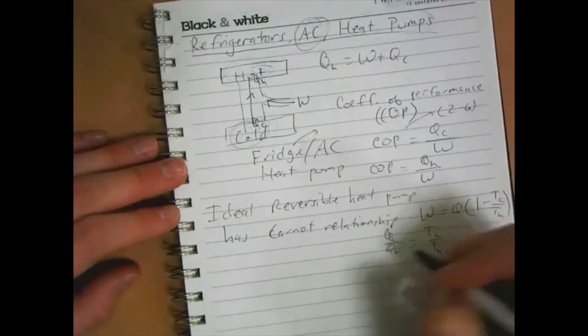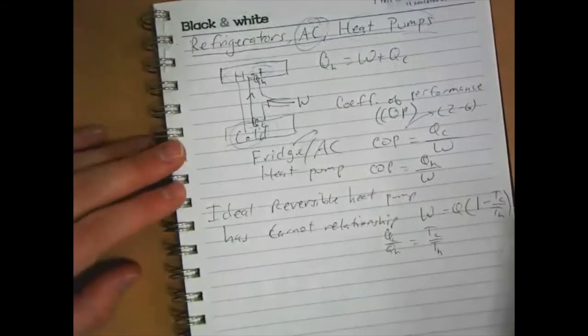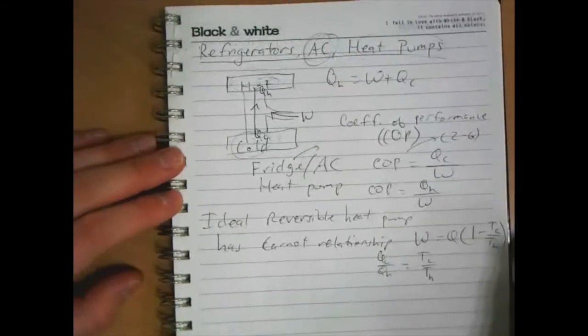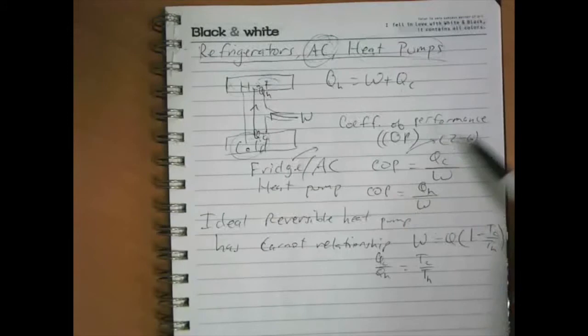Okay. So that Carnot relationship exists for a reversible fridge, air conditioner, or heat pump. Problems you do with these are exactly like they are for heat engines, so I'm not going to work through an example here.